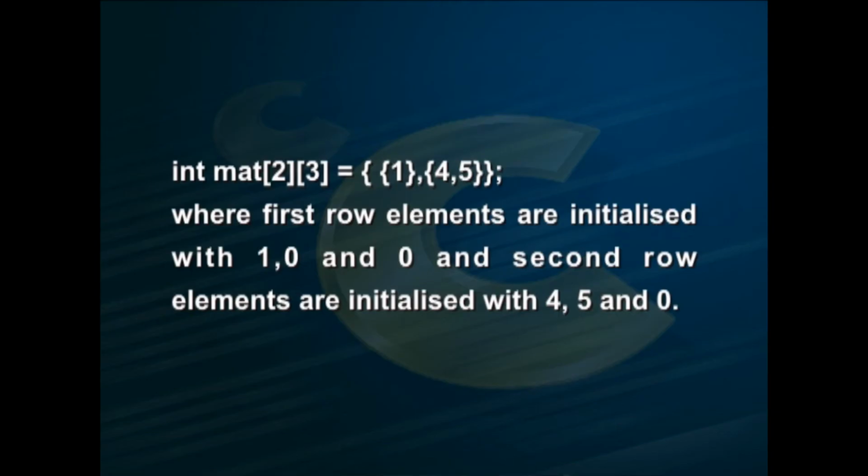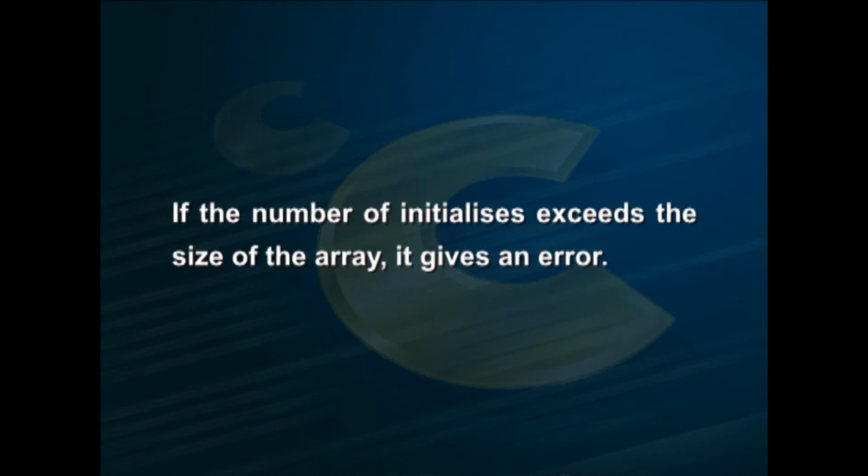The unspecified elements are initialized automatically with 0. int mat[2][3] = {{1}, {4, 5}}, where the first row elements are initialized with 1, 0, 0 and the second row elements are initialized with 4, 5 and 0. If the number of initializers exceeds the size of the array, it gives an error.